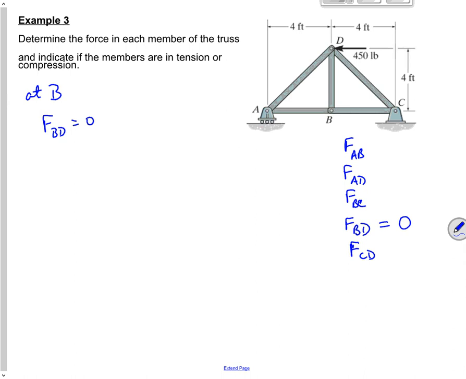So now let's look at joint D. Here's joint D. There's a force this way, and then there's two forces, one that way, one that way.